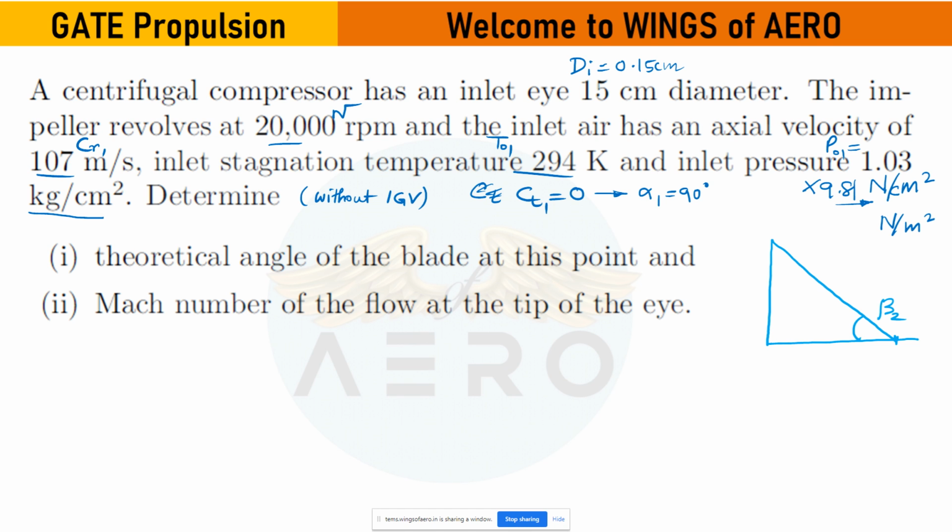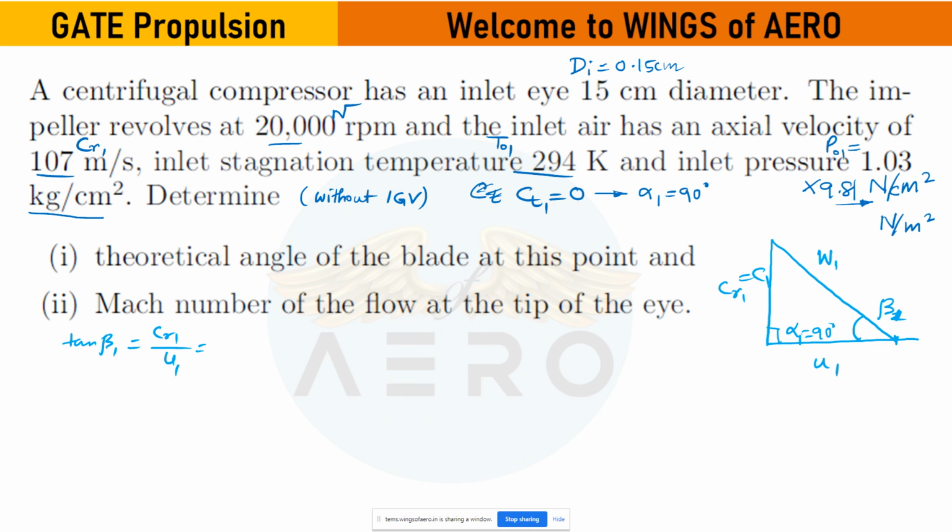34.26, yes. Okay, so we are considering this is u1, this is w1, this is Cr1, right? So Cr1 was given equal to C1. So if I take tan beta 1 equals Cr1 by u1.